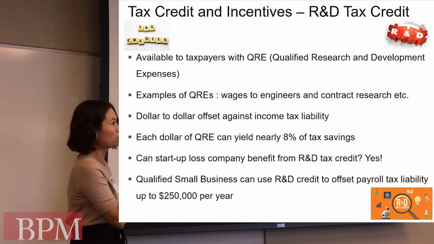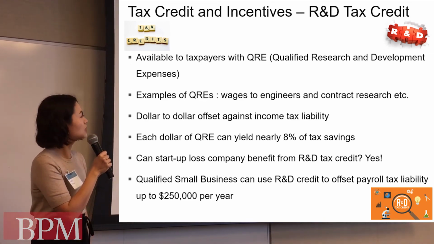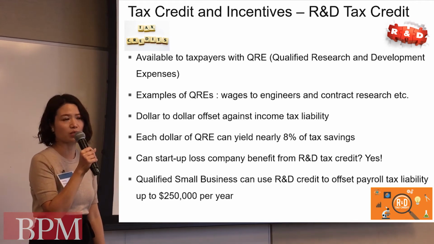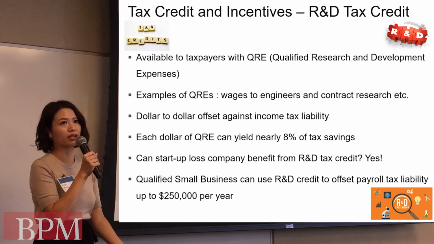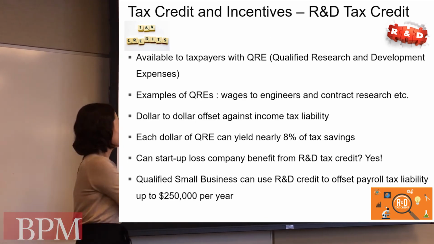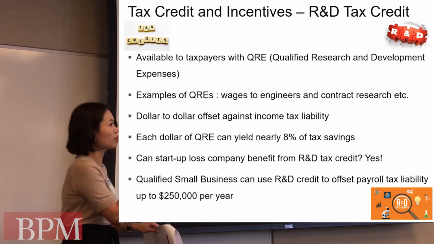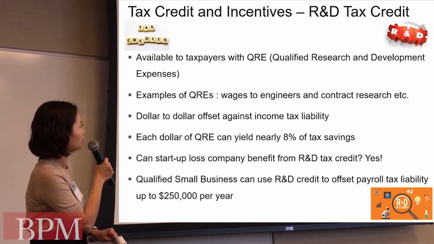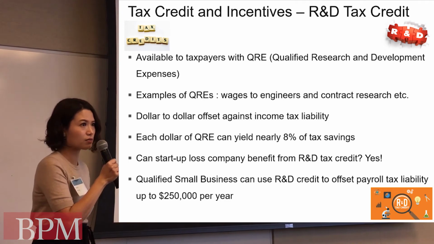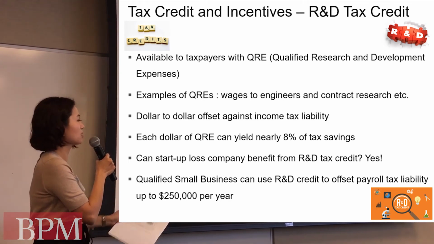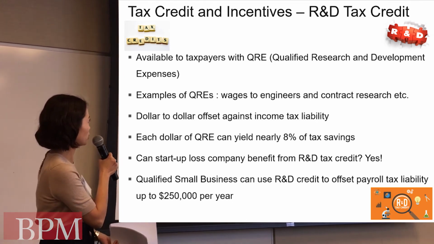This one I'm focusing more on the R&D tax credit, research and development credit, because it's the most common type of tax incentive available to taxpayers in the Silicon Valley and Bay Area for technology companies doing research and development activities. It's available to taxpayers with qualified research and development expenses. Examples include wages that you pay to engineers doing R&D activities, and also if you contract someone to do research, those are all qualified expenses for the credit.